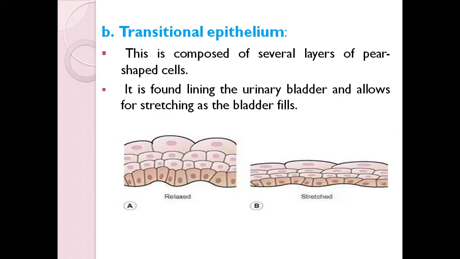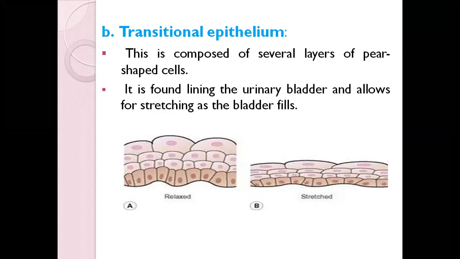The more urine is collected, the more the bladder is stretched. In organs or surfaces where stretching is required, we have transitional epithelium.